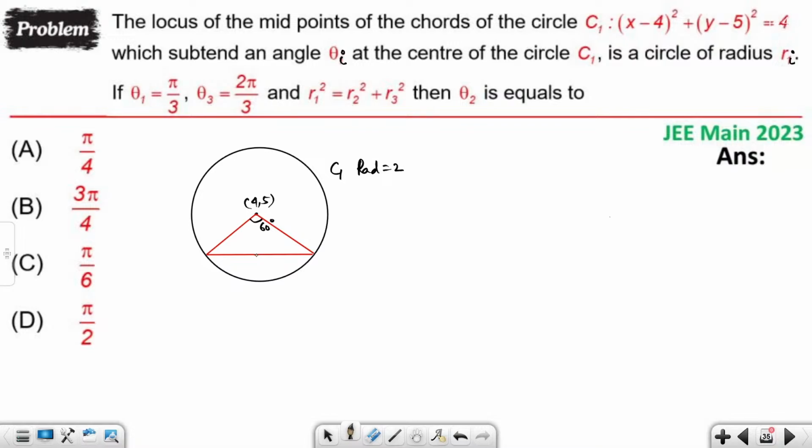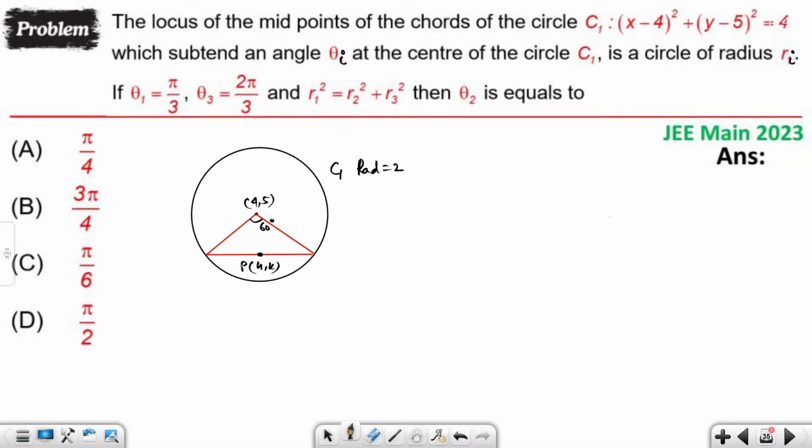Now, you have to find out the locus of the midpoint of this chord. Is it clear? We have to find out the locus of this midpoint of this chord. Let us say this point be (h, k).